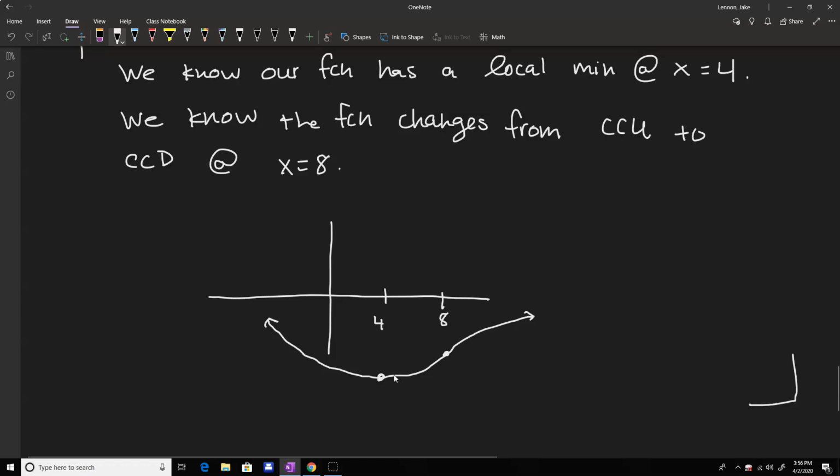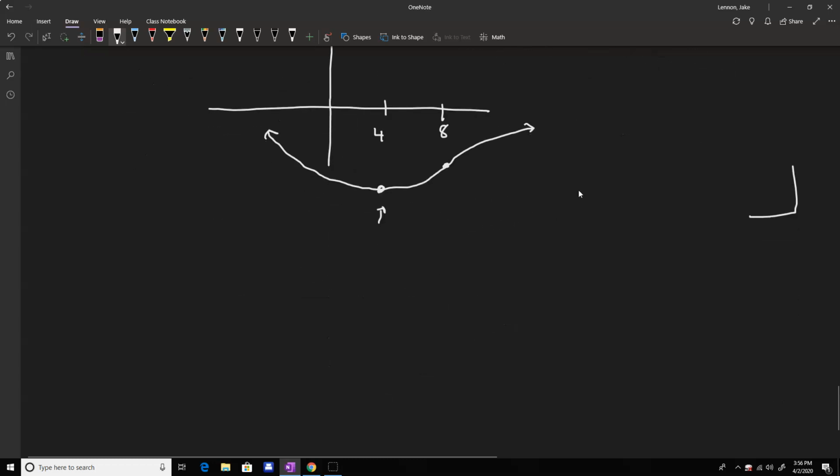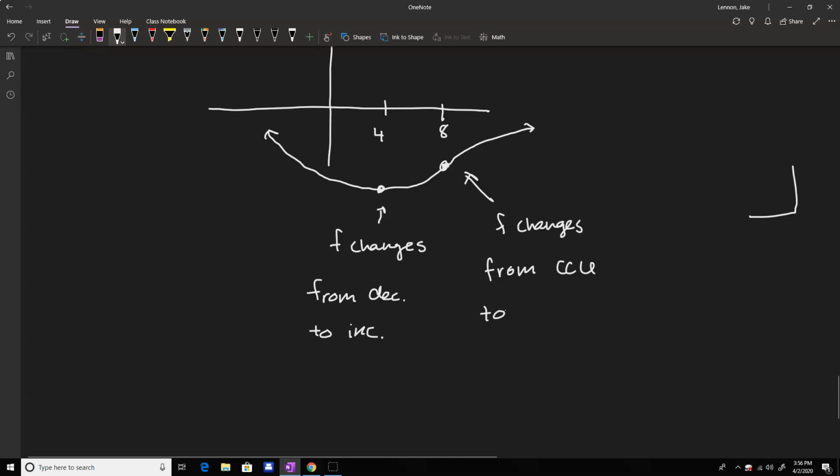So basically, this is our sample graph of y equals f of x. At this first point, f changes from decreasing to increasing, and then at this next point here, f changes from concave up to concave down.